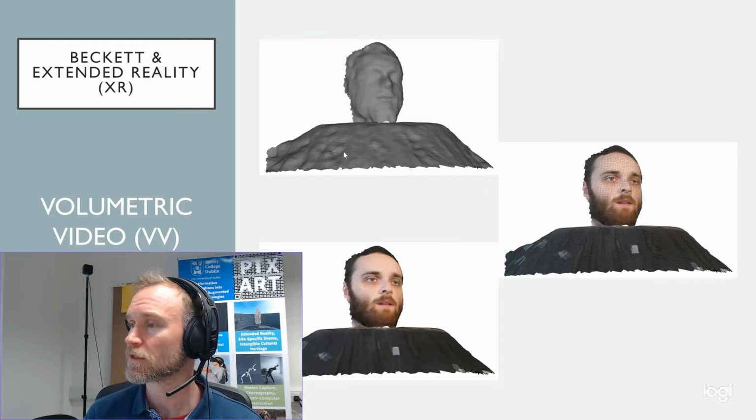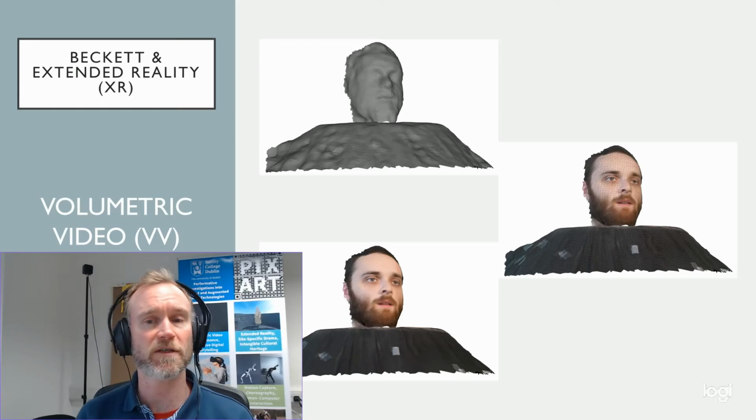And here you see the mesh that's created. Here, this one, you can see the voxels and triangles that make up the 3D shape. And here's the final photorealistic actor's image. Okay?